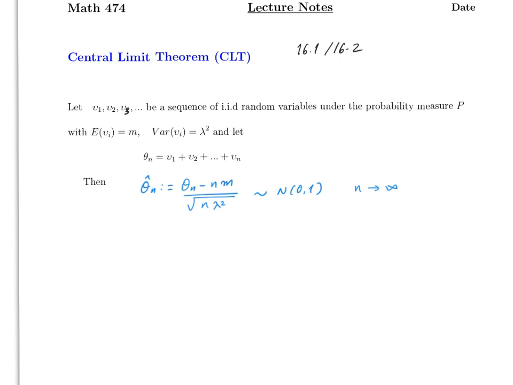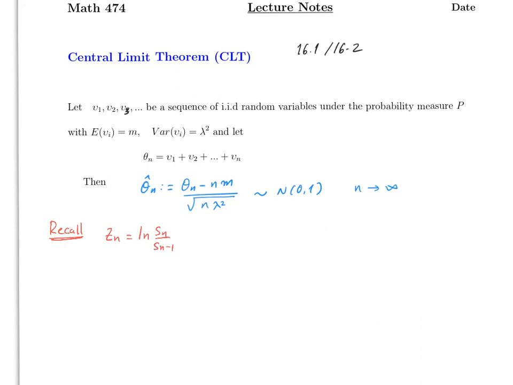There is another way to write the central limit theorem, but for the purpose of this class, this is the most convenient one. Now recall from the last sections that Z of n was defined as ln of Sn over Sn minus 1.